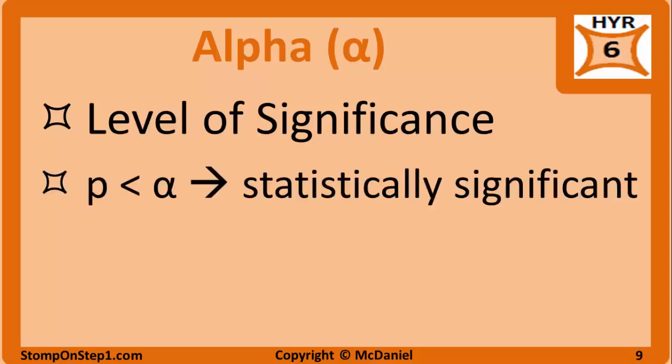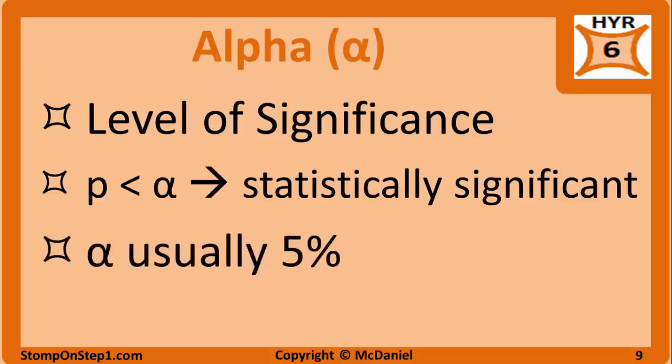If our p-value is lower than alpha, we conclude that there is a statistically significant difference between groups. When the p-value is higher than our significance level, we conclude that the observed difference between groups is not statistically significant. Alpha is arbitrarily defined.